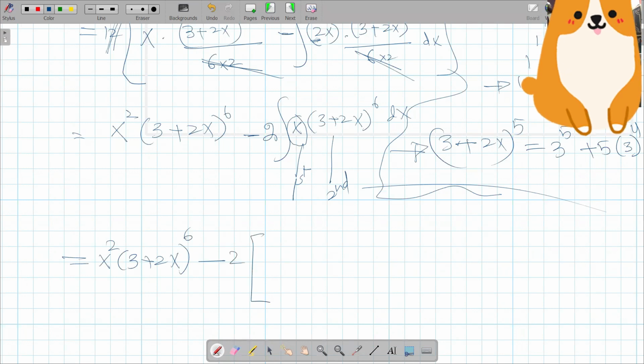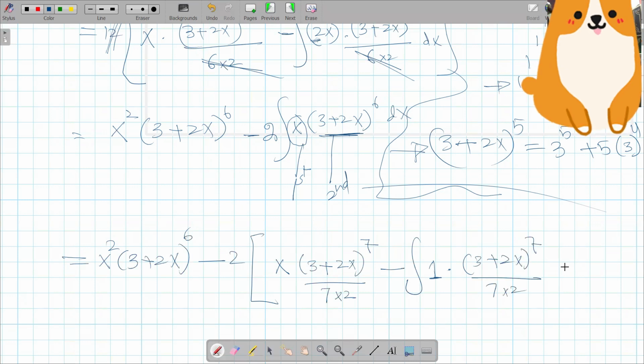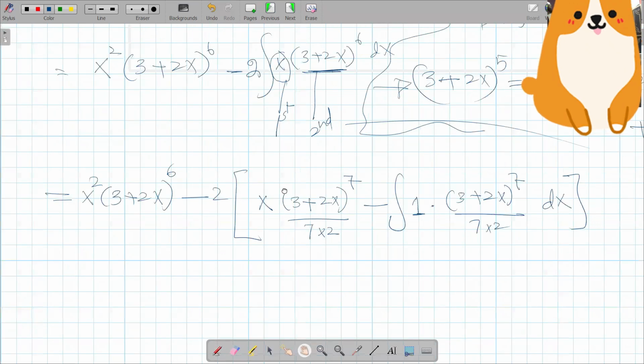First function same. What is the integration of this? (3 plus 2x) power 7 over 7 times 2 on the bottom. The derivative of the first function is 1 and the integration of the second is the same. And once again we have to integrate once more.